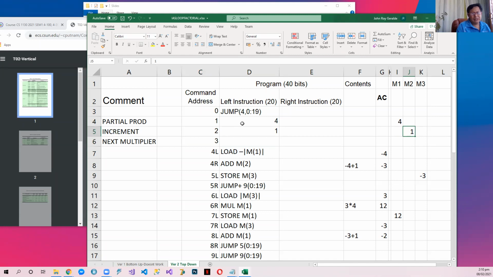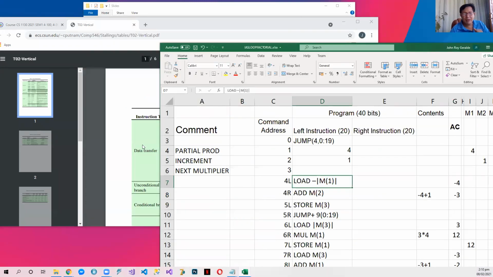Now the strange thing about this is we will count incrementally from a negative value. First, we load negative of M1. Now, is this valid? It's because we are looping opposite ways, negatively. Nothing will stop us from looping 1 to 3 or 3 to 1, right? It's the same looping.